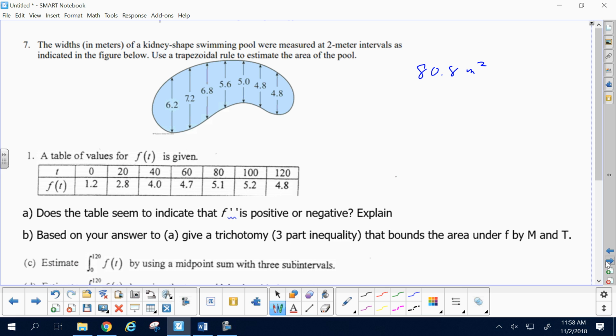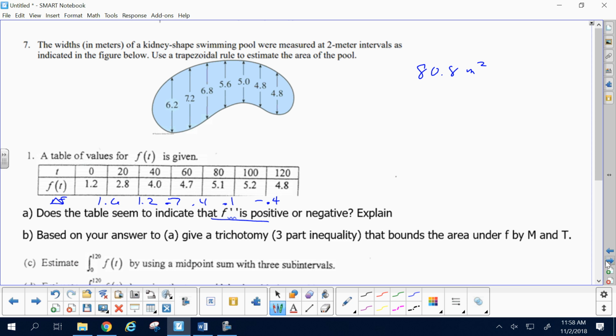All right. This table here, number 1. Does the same table seem to indicate that F double prime is positive or negative? Now you don't have actually the derivative, but F double prime is the change in F prime, and you can look at the delta F in the table, and the deltas go like 1.6, 1.2, 0.7, 0.4, 0.1, and then negative 0.4.